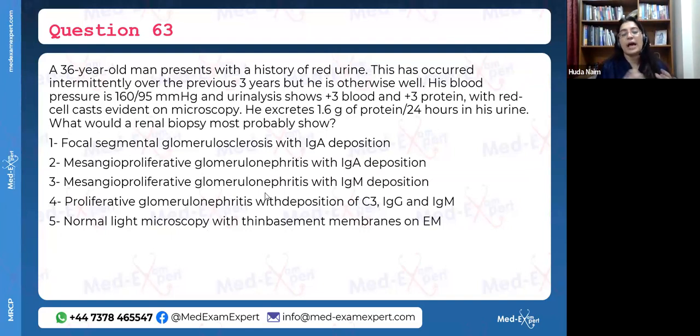Von Hippel-Lindau has associations. It's not an isolated renal pathology. But if they're telling you isolated multiple cysts in the kidney, that is more likely adult polycystic kidney disease. Okay.